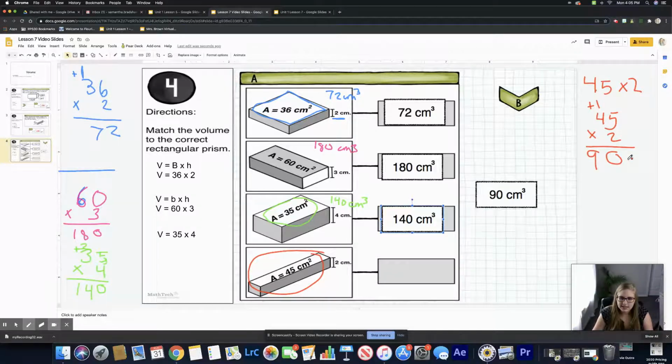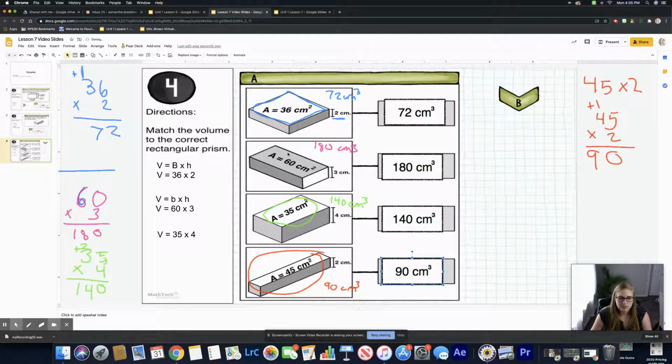So 90 centimeters cubed, or cubic centimeters. Let's see. Yes, I have that one. So on these ones, you are just using the formula, either volume equals base times height or volume equals length times width times height.